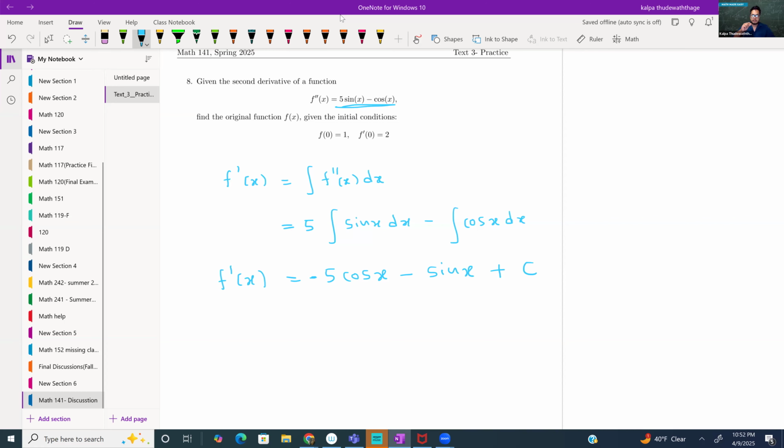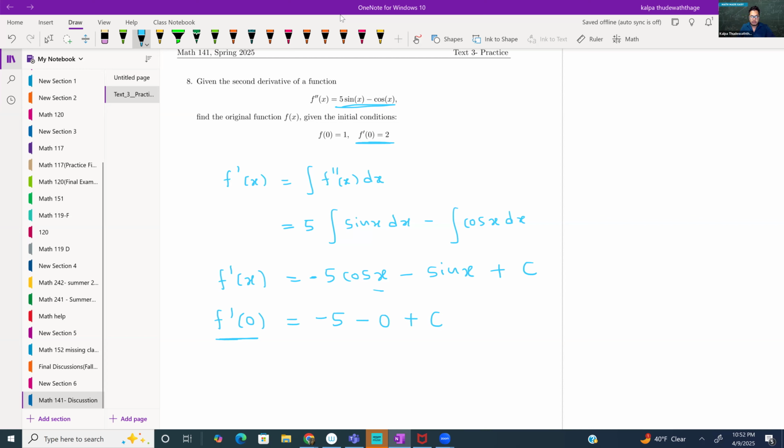So you can differentiate to go from the first derivative to the second derivative, and you can do the antiderivative, integration, to come back. And this is the initial condition given here. So I can plug 0 in for x. Cosine 0 is 1, so it's minus 5. Sine 0 is 0. And I have c.